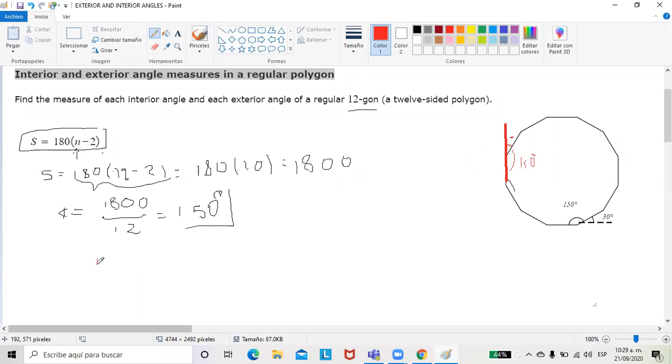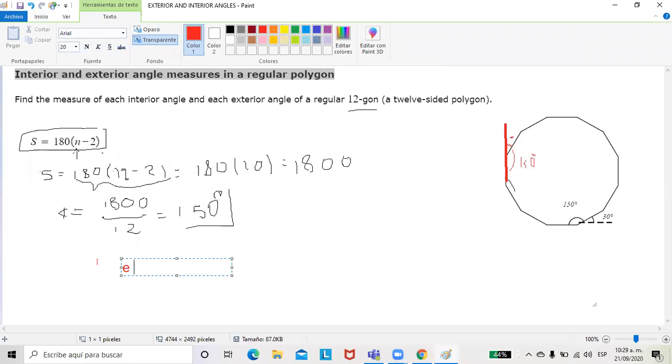So in this case, the exterior angle is equal to, how much is the sum of supplementary angles? It's 180, right?